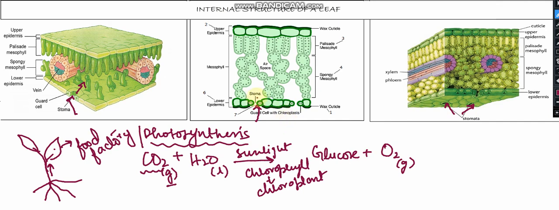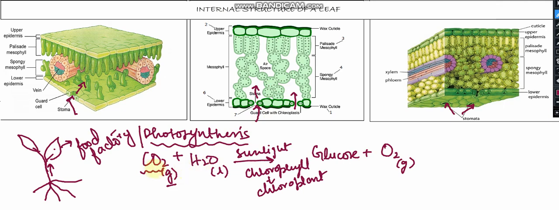The carbon dioxide is entering, and you see these air spaces. These air spaces are basically for the movement of gases such as carbon dioxide, because you know gas is matter and matter is anything that occupies space. So obviously we require some empty spaces inside this leaf structure so that the gases and the water can move inside.